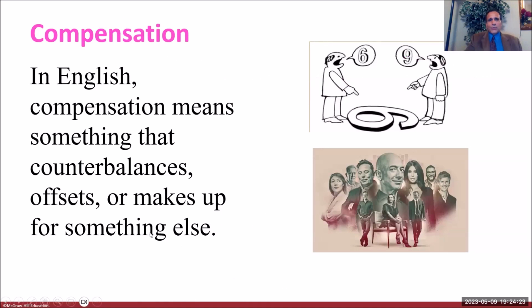In the English language, we see compensation as something that counterbalances or offsets or makes up for something else. So that's the idea. But even compensation, the word or terminology and how it's applied or operationalized in the workplace, can be seen from different perspectives. What I say about my compensation may not be exactly what my boss says my compensation is, right?